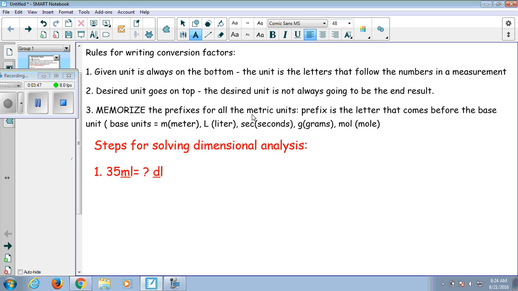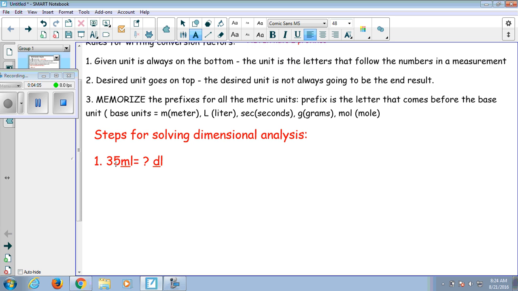So let's go back up here and make a note for conversion factors, because we also have to recall that in conversion factors, you should never have 2 prefixes in your conversion factor. So when you see 2 prefixes, like we have in this first problem, that should be a key to you that you're going to have 2 steps.